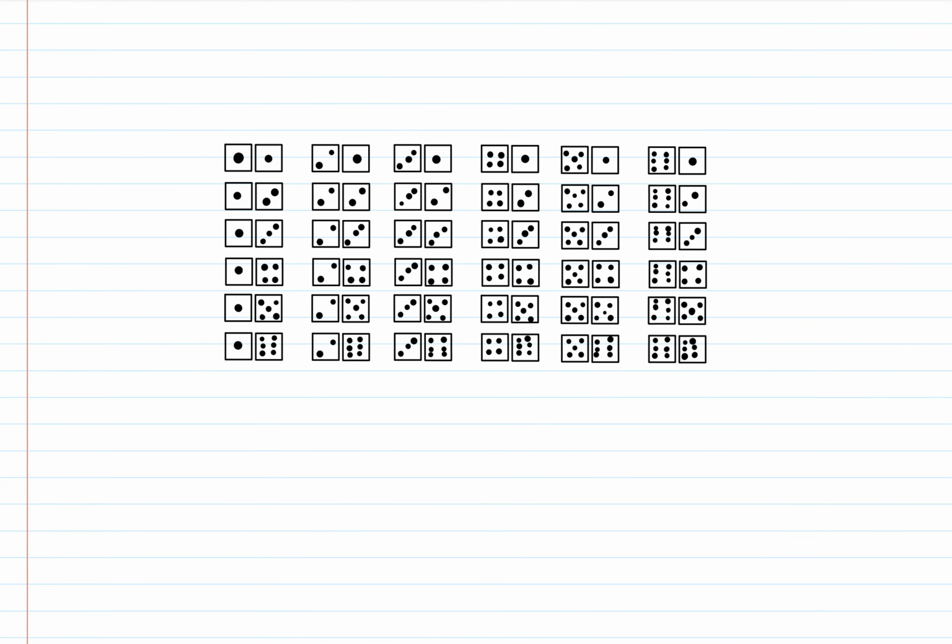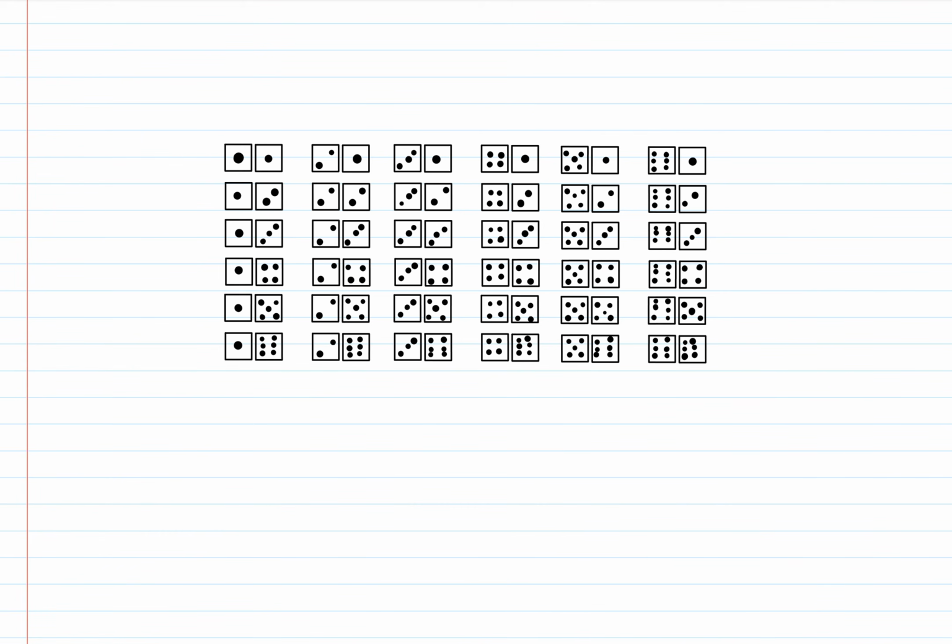This is going to take some time to write out, so I'm going to pause the video and draw this, and then start the recording again so you won't have to sit through it. Okay, look at that. That's all 36 possibilities when you roll 2 dice, right?